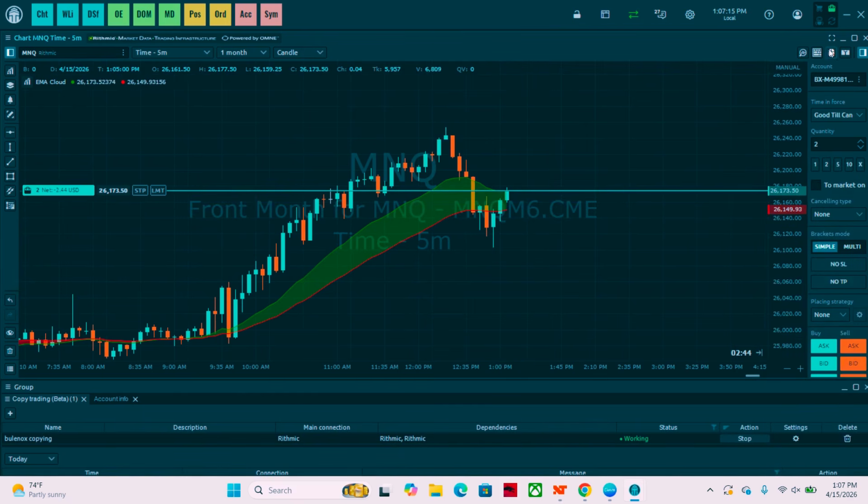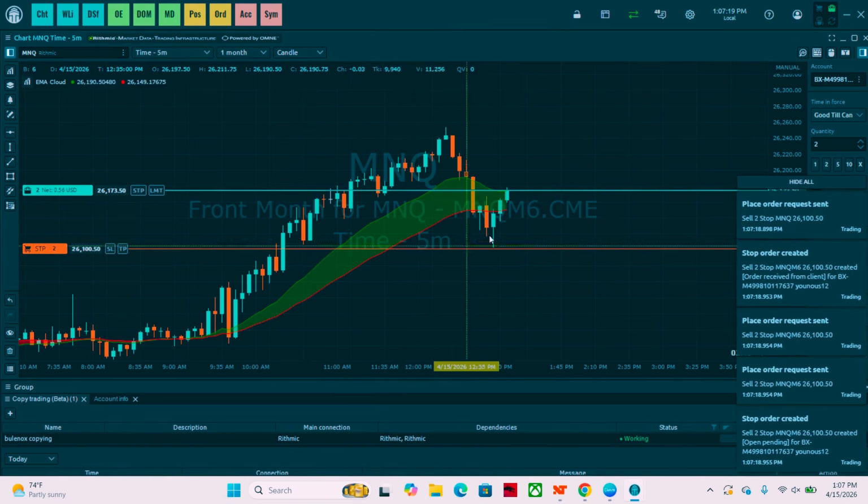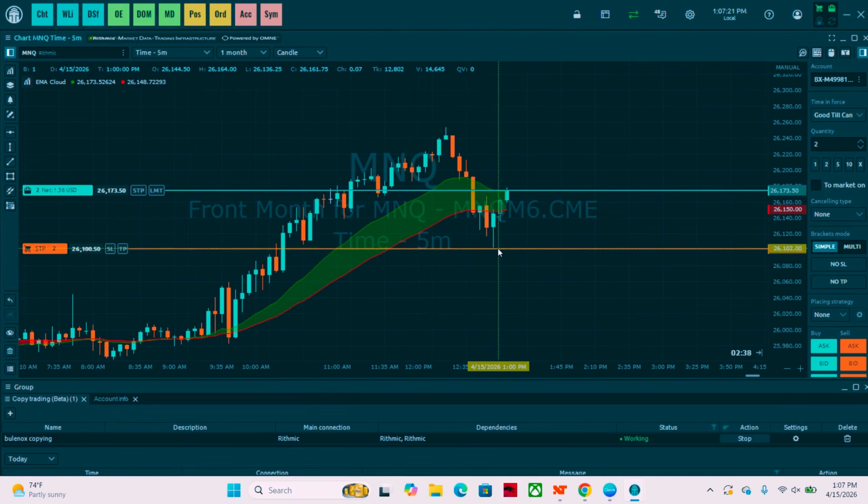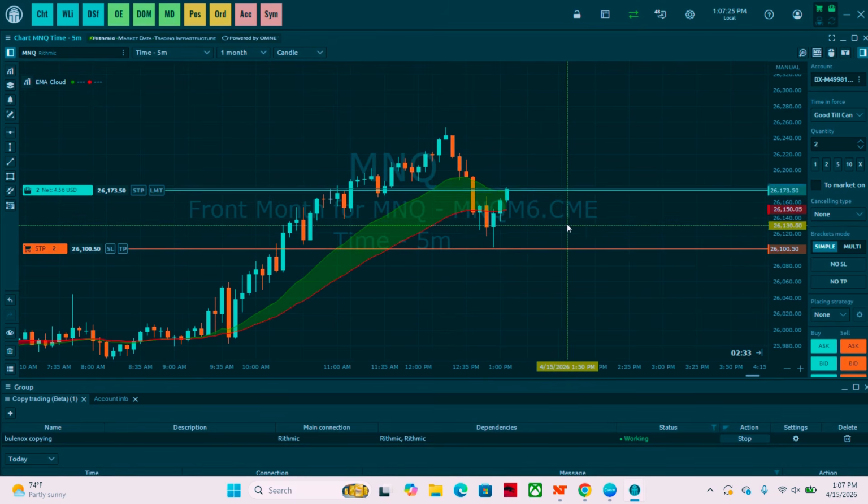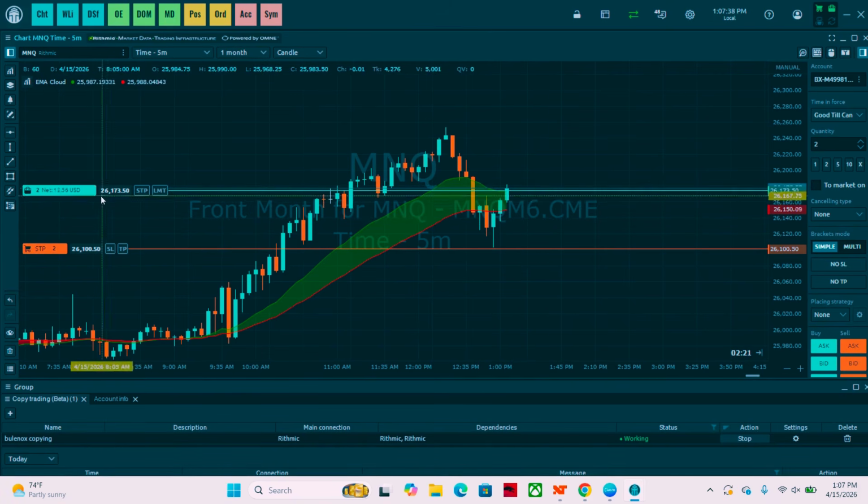My stop would be if you break below, but I'm trading micro, that's why it's far here. If I'm trading minis, I would have put it below the previous candle low, so I don't have to risk that much. But these are micros I'm trading right now, as you can see.